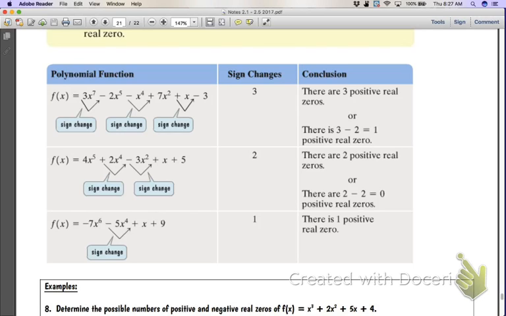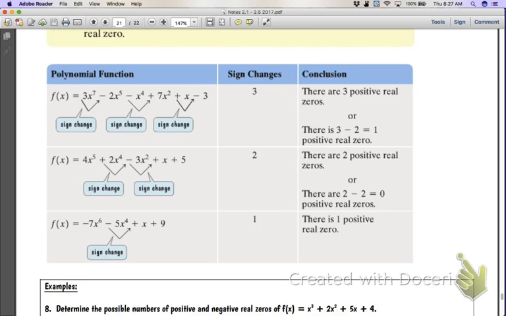So it talks about 3 sign changes. Okay? So then there are going to be 3 positive real zeros. Okay? Or you can look at it as 3 minus 2 is going to be 1 positive real zero. Okay? So you can go from there in terms of the positive real zeros.